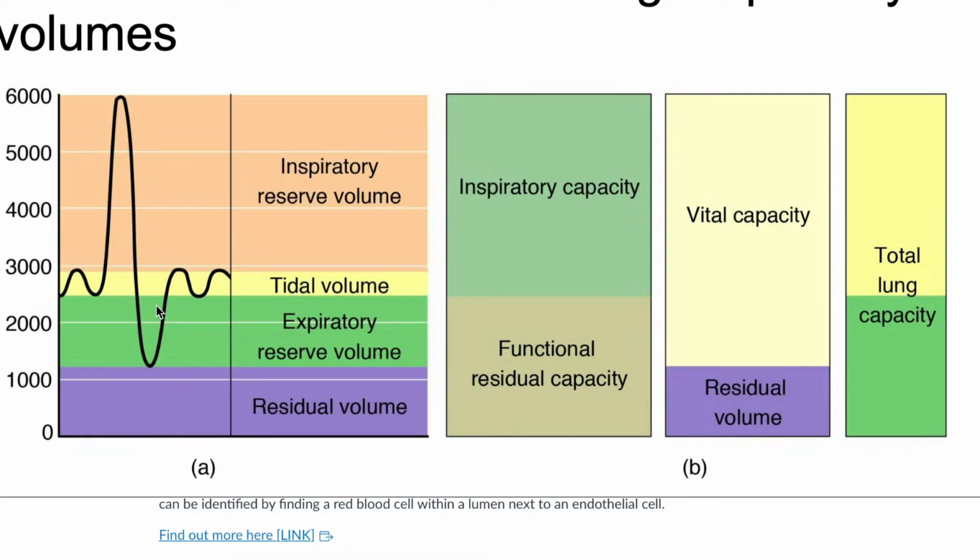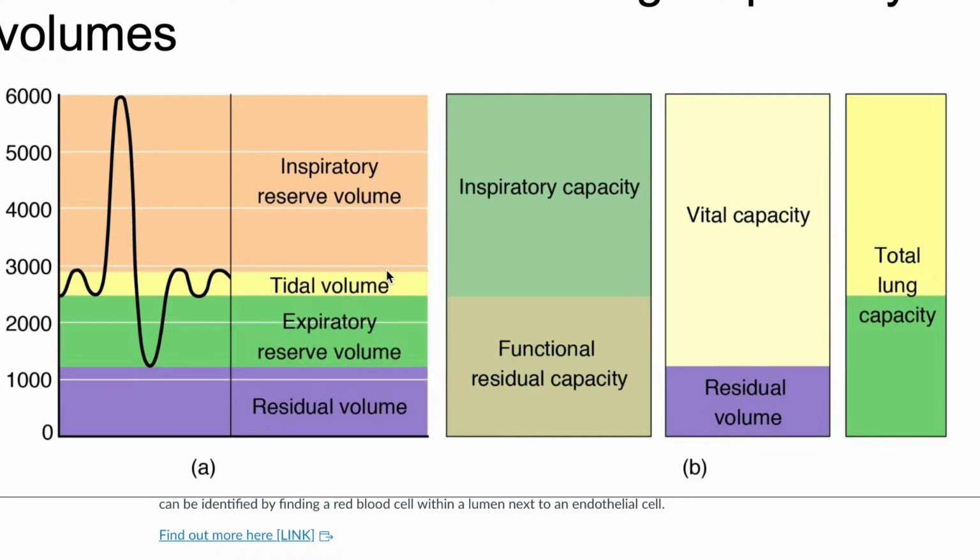And that can be because it's in like the trachea or non-functional alveoli, and air is just trapped there. So our inspiratory capacity measures how much you can inspire here. So that actually records the tidal volume and the inspiratory reserve volume.